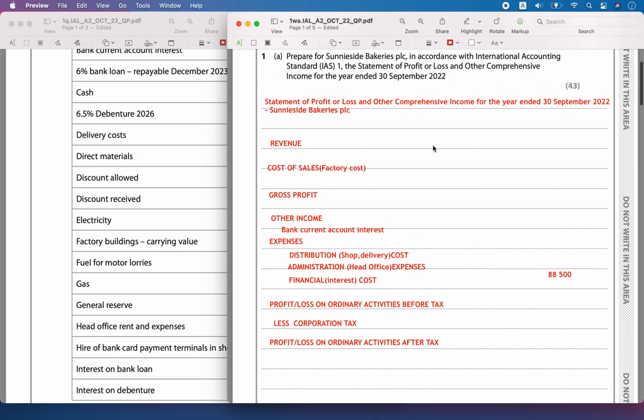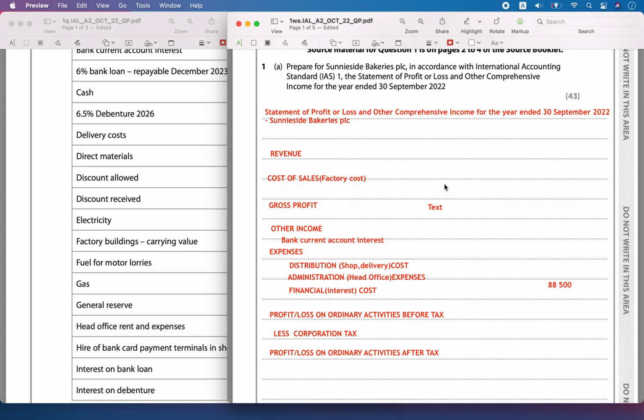This is going to be your cost of sales. So let's go and put it here. Cost of sales, it is around this much, and we have to subtract, less the cost of sales. So I'm going to put it in brackets.